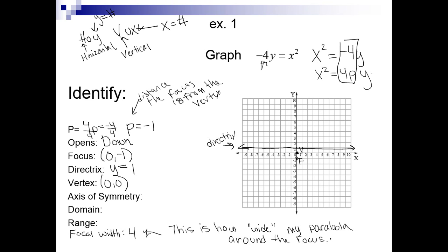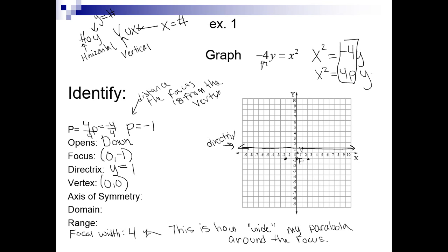The focus is going to be smack dab right in the middle. So if you think about it, I need to be 4 units across from the focus, and my focus needs to be right in the middle. So I'm going to have to take that 4 and divide it by 2, right? Because I need the focus to be in the middle. So I'm going to do -2 and 2.